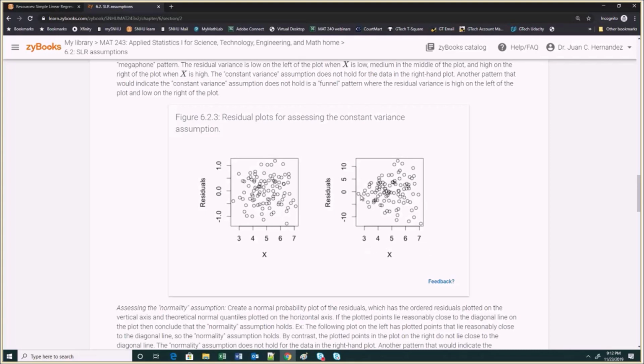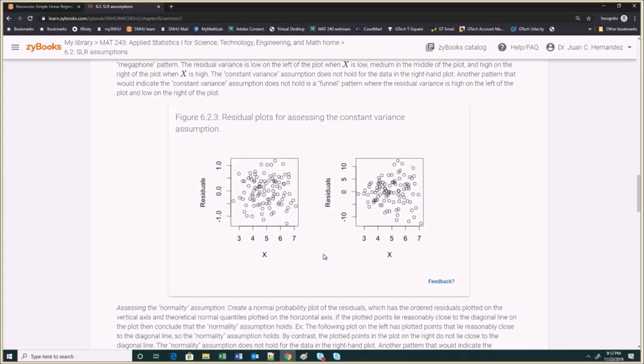You'll notice a trend where for increasing values of the independent variable, the error terms tend to inflate, meaning that for smaller values the errors are small, but as the independent variable increases, so do the errors. So this is a case where the assumption of constant variance is violated.